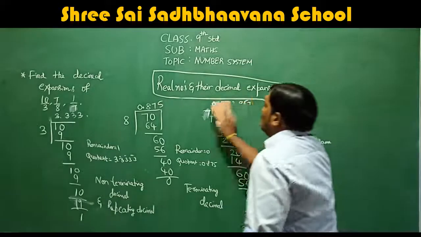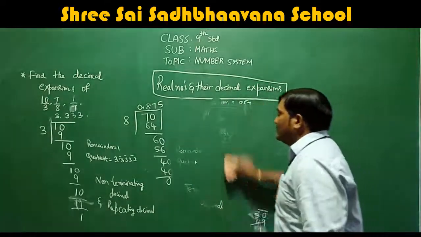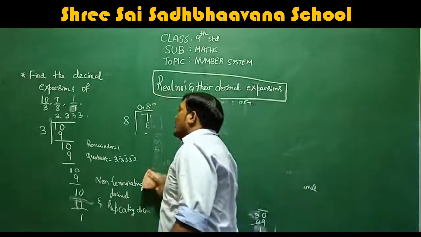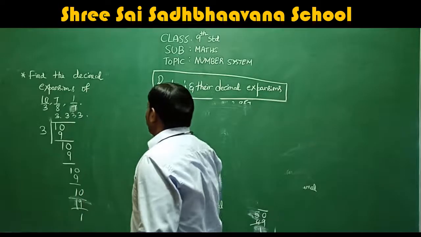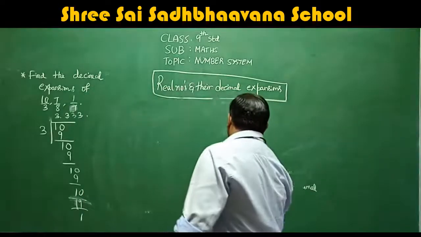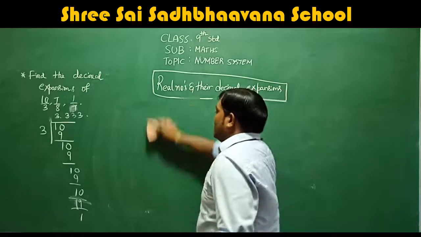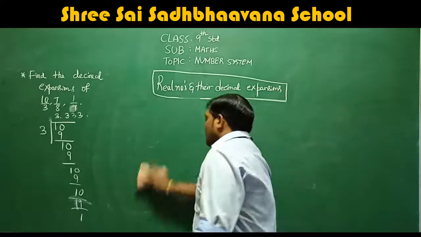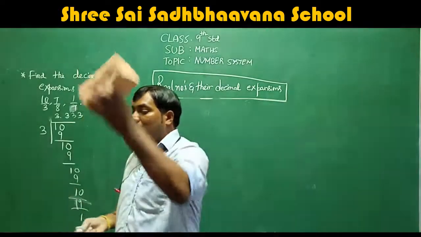So what I am going to do is let me do some sums based on this. Not exactly the same expansion sums, but some sums related to your examination. First, let me take one sum.